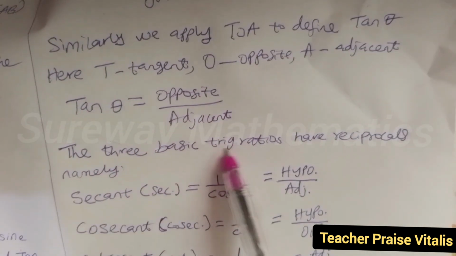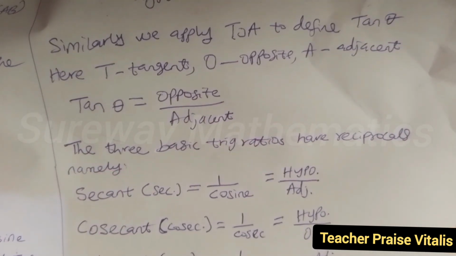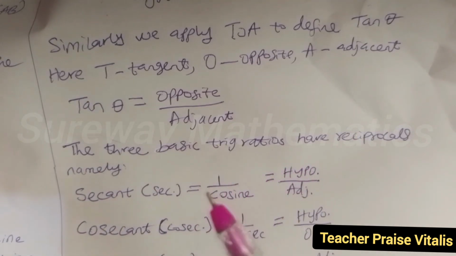Now, the three basic trig ratios have reciprocals, which are like the inverse of the sine, cosine, and tan we've discussed. Now let's look at their reciprocals and what they are called.